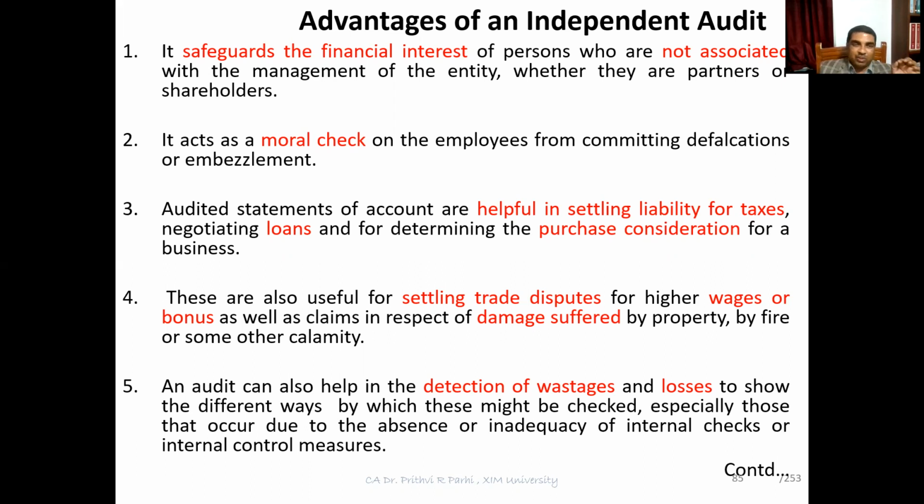So at that point also, audited financial statements help in the negotiation of loans. They are also helpful for assessing the creditworthiness of the organization and the bankability of a particular project.